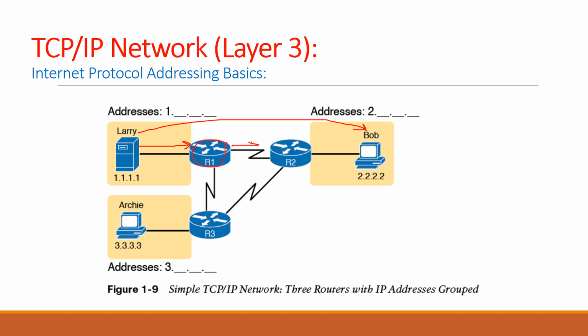R1 has two options, either send to R2 or send to R3. Based on the routing function that the router does, it will determine that the shortest path, or the best path, should go to R2.